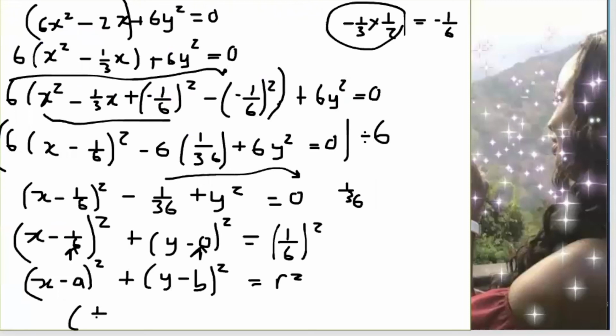So my center is 1 over 6 and 0. And here I can also give the radius, which is 1 over 6 units. And that's it. I've solved this question.